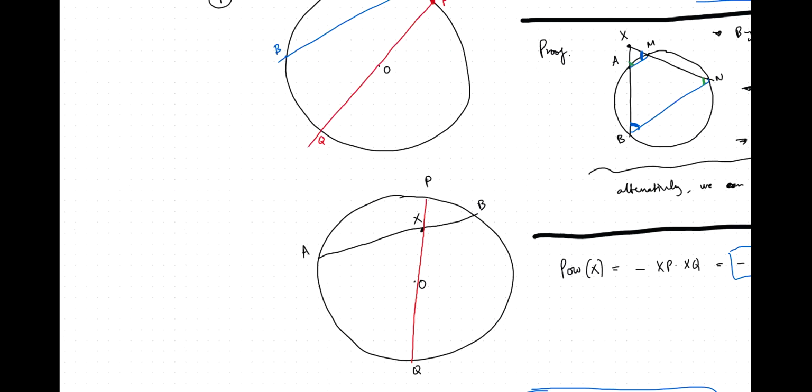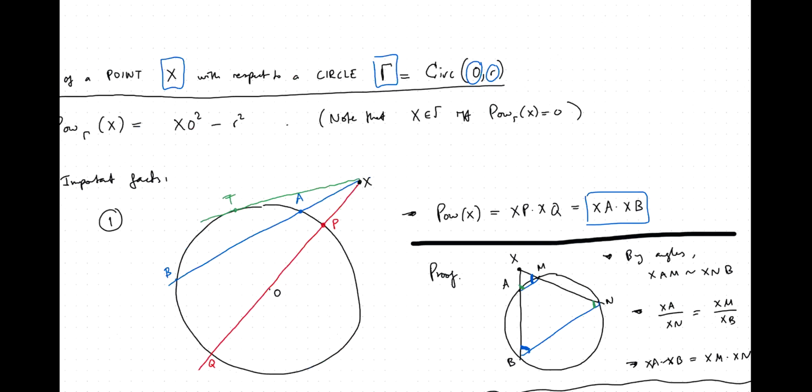But when the point is outside, you can draw a tangent, and this is also equal. The reason this cannot happen when X is inside is that this is something squared, so it is positive, right? So this tangent or the other tangent, there are two tangents that you can draw from a point outside. They have equal lengths.